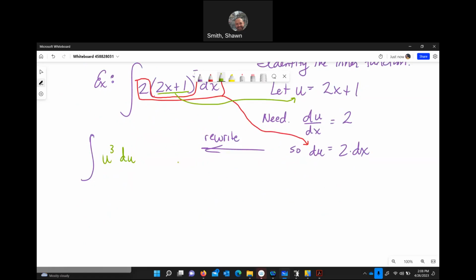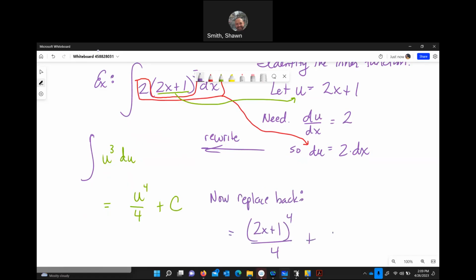We know how to integrate that. That's pretty simple. The integral of u cubed du is nothing more than u to the 4th over 4 plus some constant c, right? Now replace what was u. u is 2x plus 1, so it's (2x plus 1) to the 4th over 4 plus c. That's it.